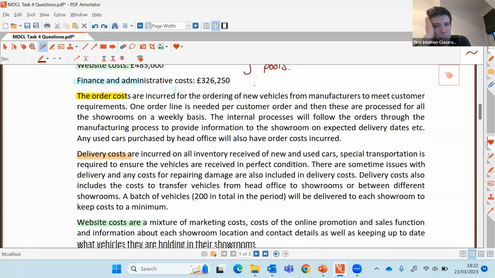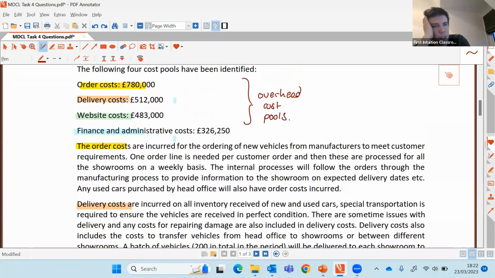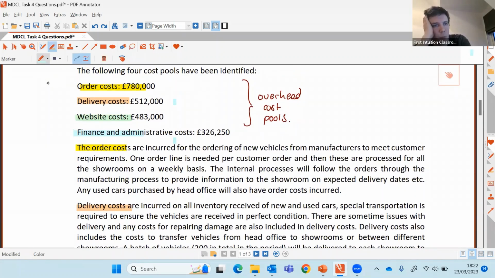So what we're told then, if we deal with order costs first, is that the order costs are incurred in the ordering of new vehicles from manufacturers to meet customer requirements. This is key. One order line is needed per customer order, and then these are all processed showrooms on a weekly basis.